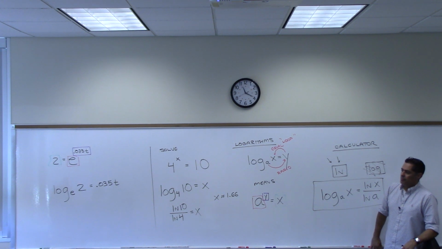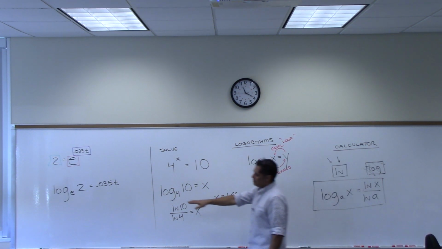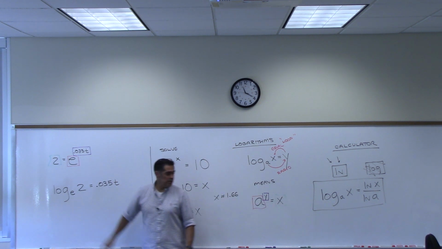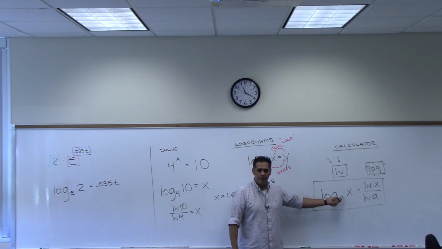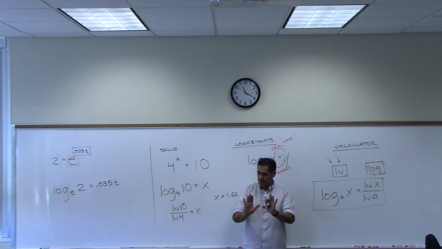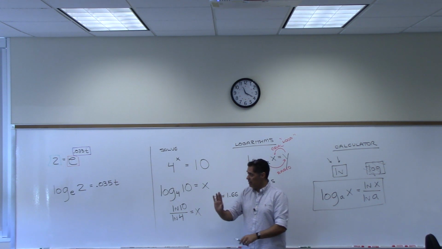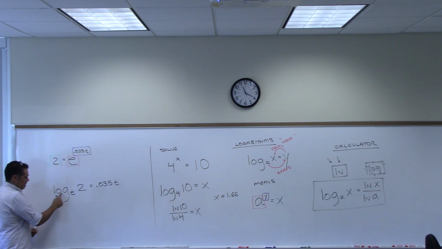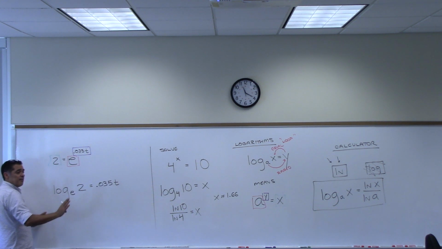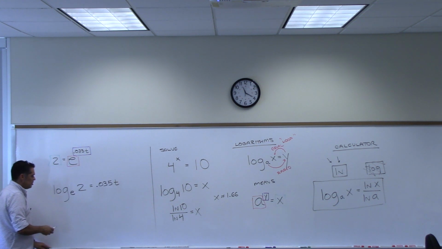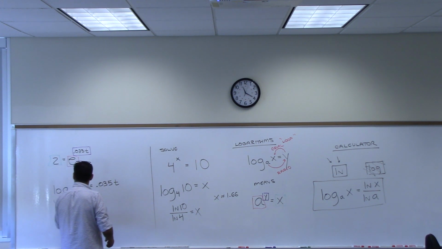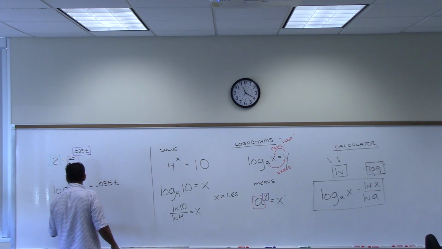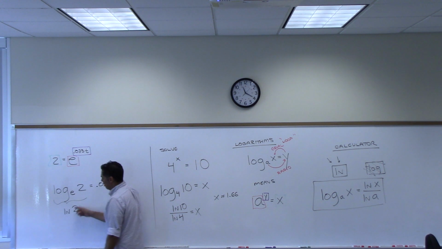Now, this right here, we are supposed to use this formula, right? But you can use the formula, but I will tell you something. If you ever see this with an e down here, then they don't cancel out. That's what the natural log is.